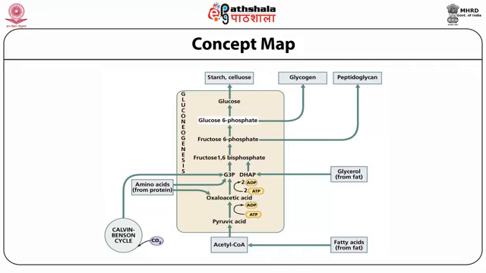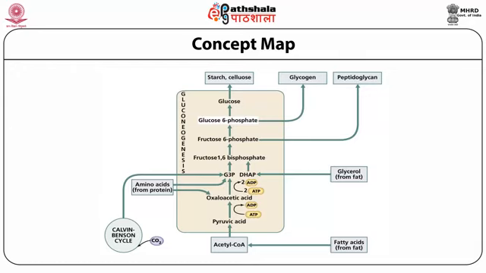The figure shows the concept map of gluconeogenesis. As you see in the concept map, there are various junctions from where precursors are allowed to enter the central metabolism. Amino acid intermediates, glycerol, and fatty acids are ultimately transformed into glucose via gluconeogenesis.